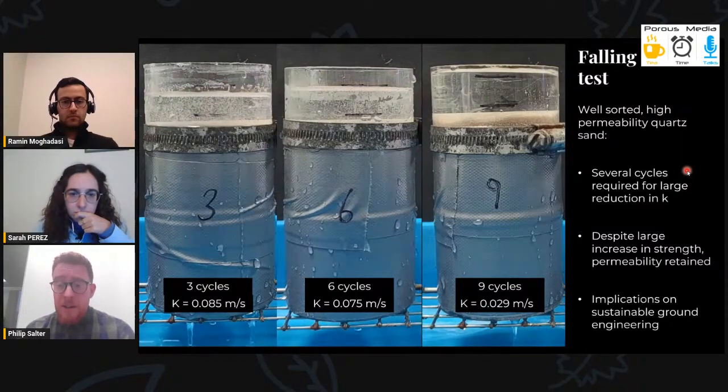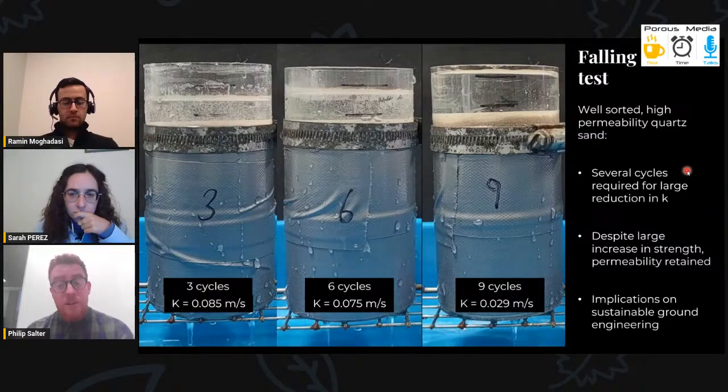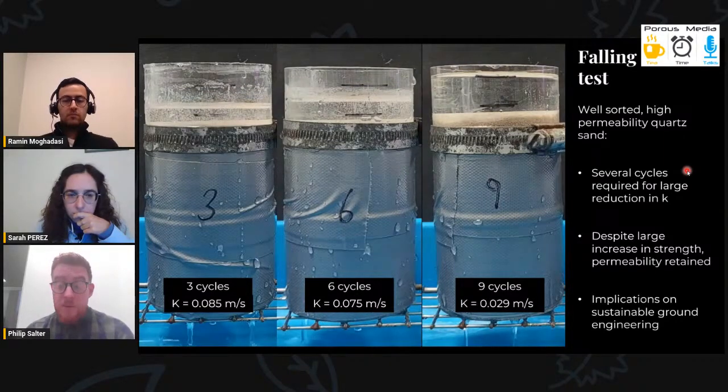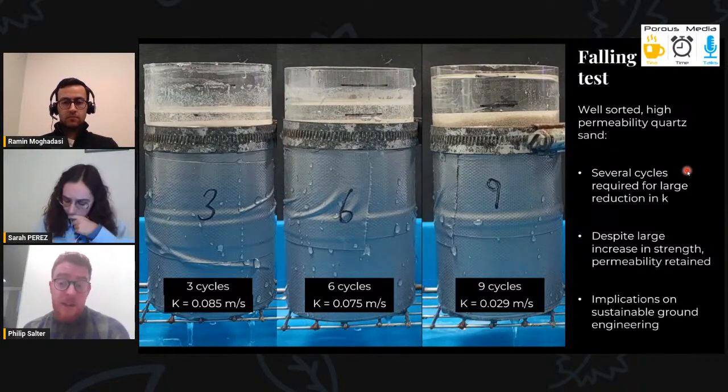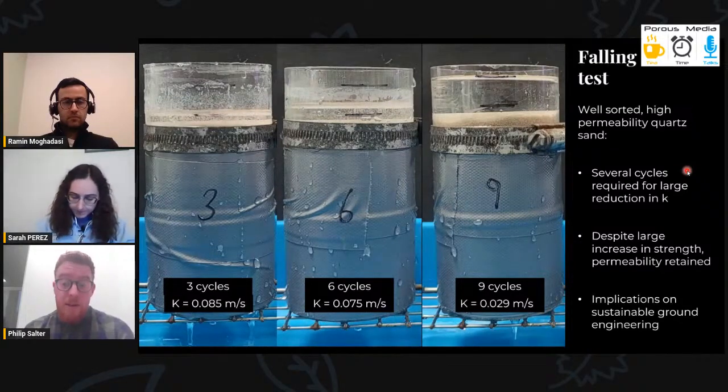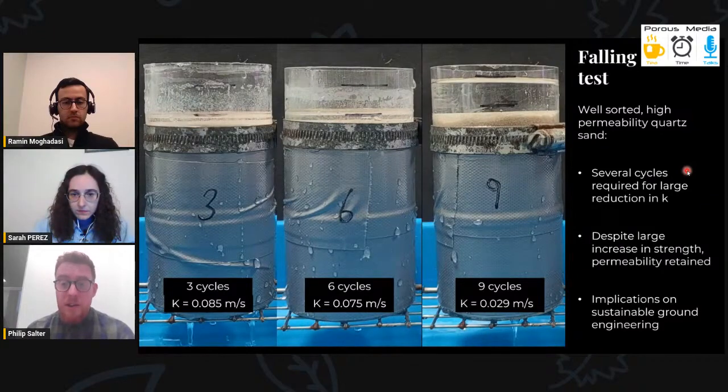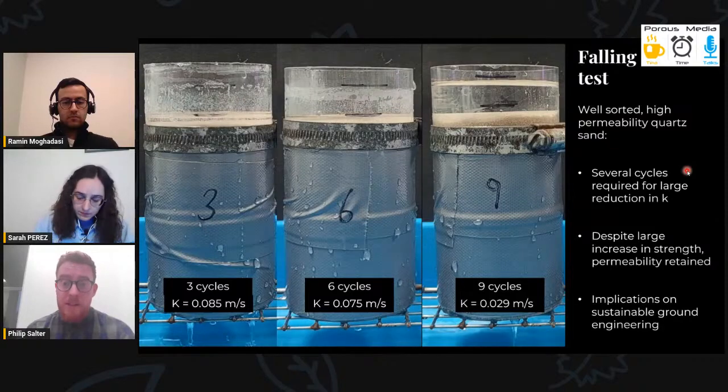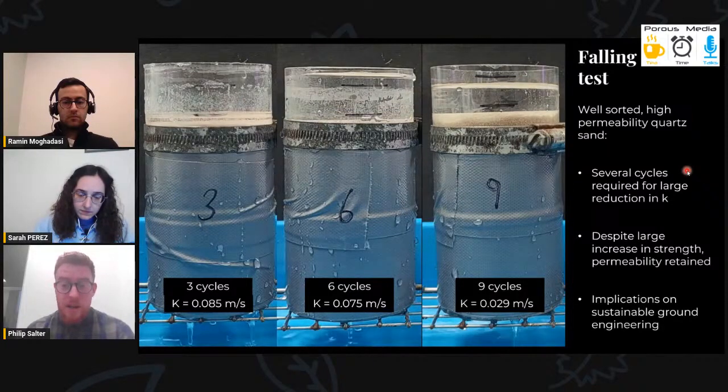And what we found is that several cycles were required for a large reduction in permeability. And this was despite a large increase in compressional strength. This has important implications on sustainable ground engineering, where it may be beneficial to retain permeability, for instance, in applications such as coastal erosion and soil stabilization.